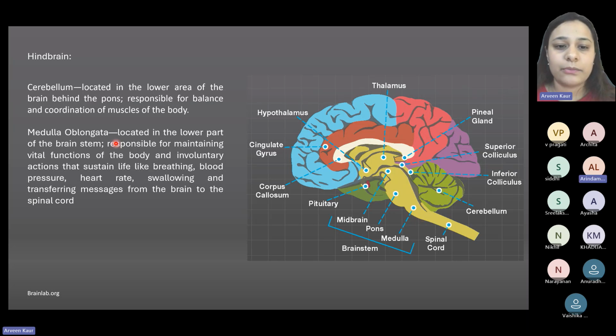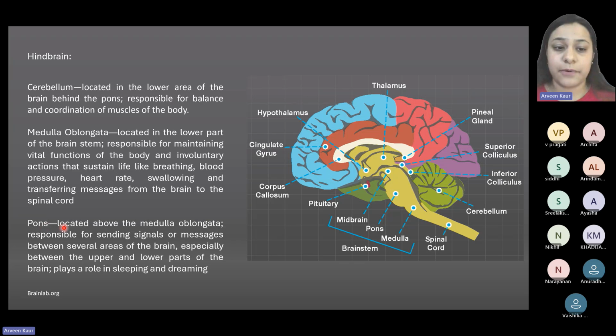This part is located in the lower part of the brainstem and is responsible for maintaining vital functions of the body and involuntary actions that sustain life, like breathing, blood pressure, heart rate, swallowing, transferring messages from the brain to the spinal cord, etc. So all the involuntary functions that are happening in our body are basically controlled by the medulla oblongata, right?